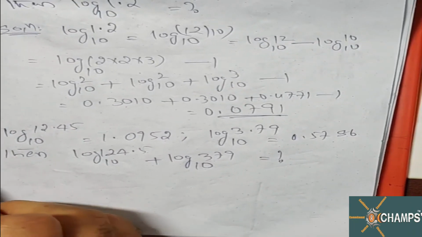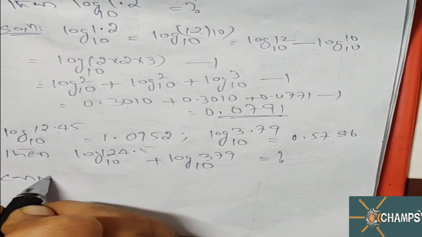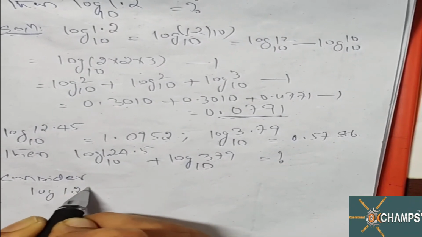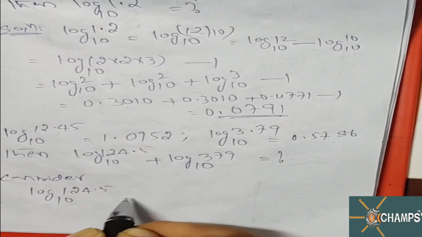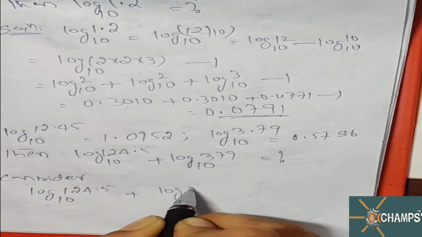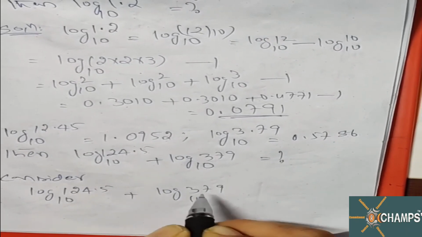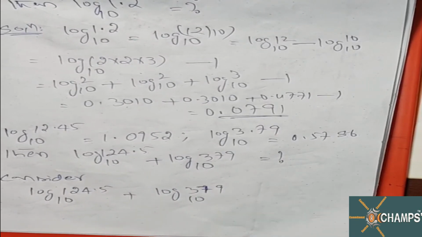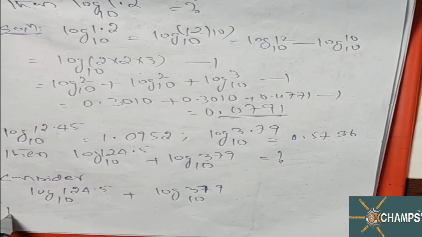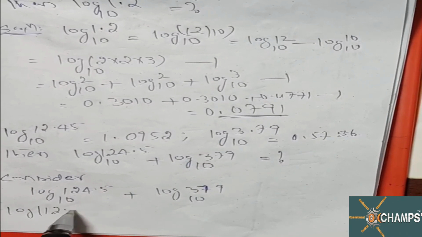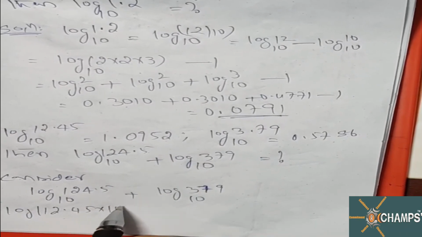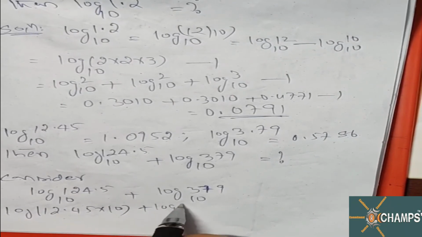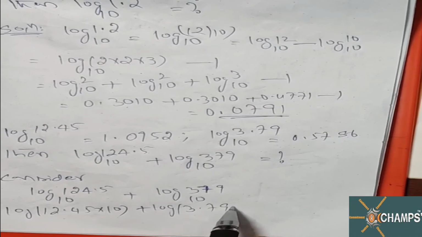Okay. Now consider log 124.5 to the base 10 plus log 379 to the base 10. So this can be written as log 12.45 into 10 plus log 3.79 into 100.